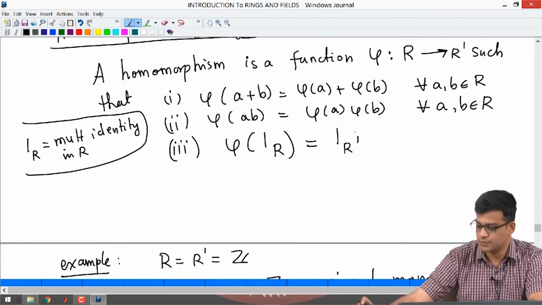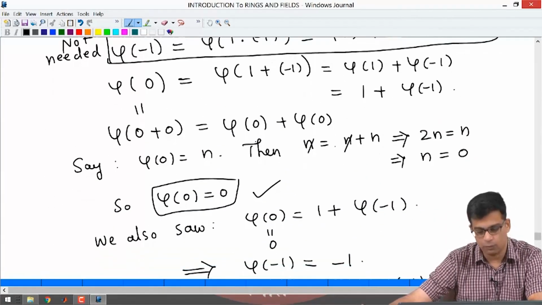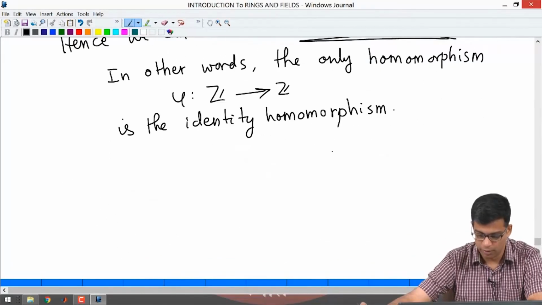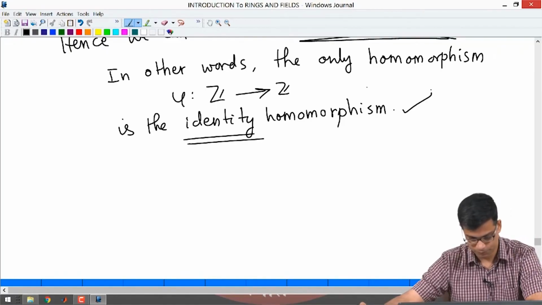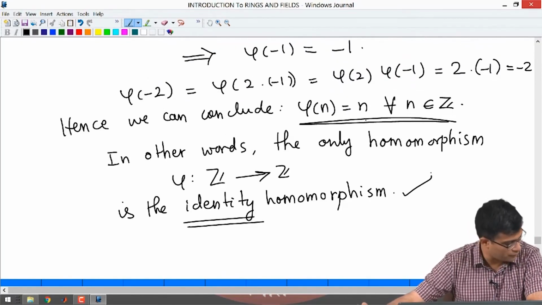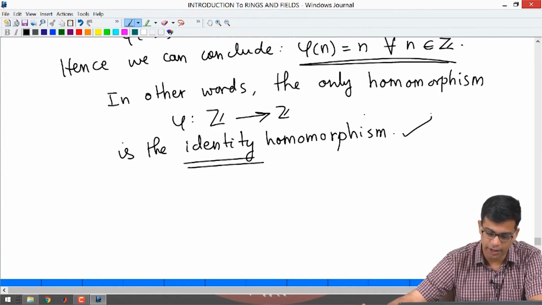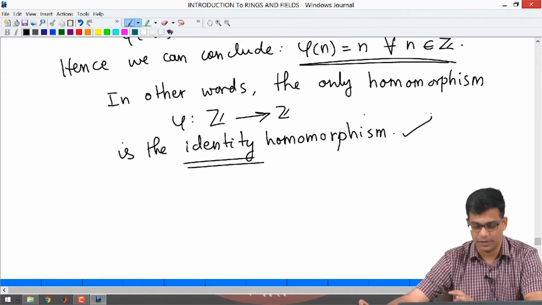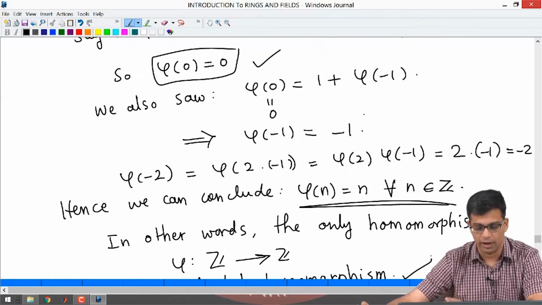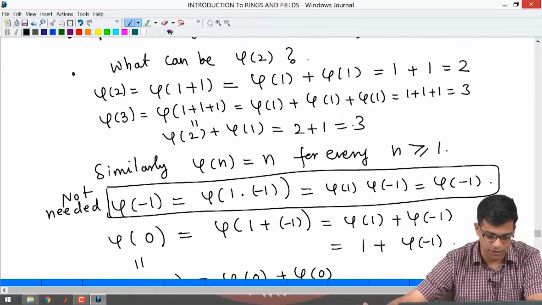Ring homomorphisms are rigid, one has no choice but to go to 1, and once you insist that 1 has to go to 1, all you are left with is the identity homomorphism. So, the only ring homomorphism from Z to Z is the identity homomorphism. Ring homomorphisms are very special, and part of their speciality comes from the requirement that 1 must go to 1.